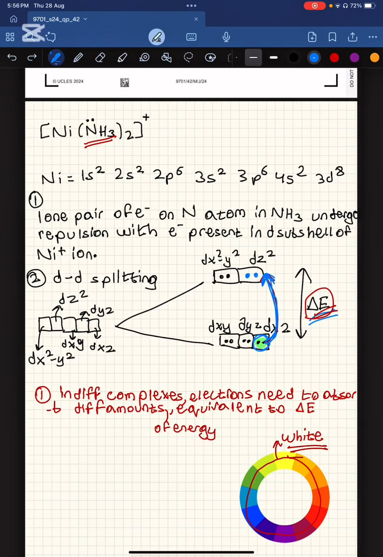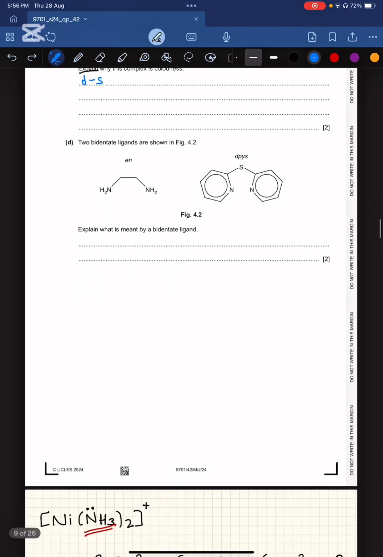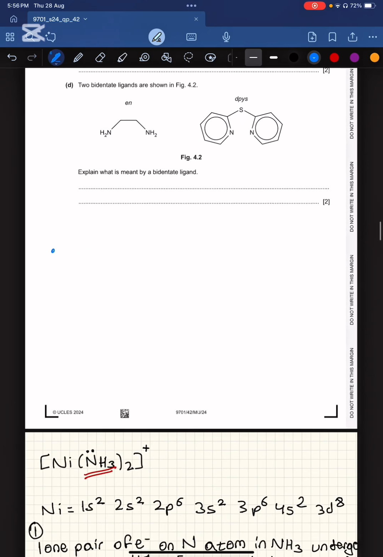And now, after d-d splitting takes place, d-d transition takes place. In order to allow for d-d transition, electrons need to be promoted to a higher energy orbital, as a result of which light is absorbed, and then the complementary color is reflected. I'll repeat again for another question, which regularly asks how transition metal complexes gain color. Firstly, repulsion occurs between the lone pair of electrons of the ligand and the electrons present in the d subshell of the transition metal ion.